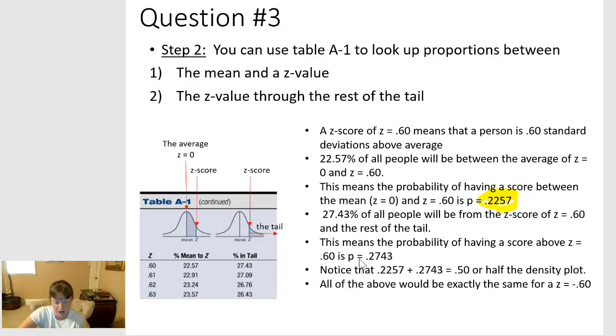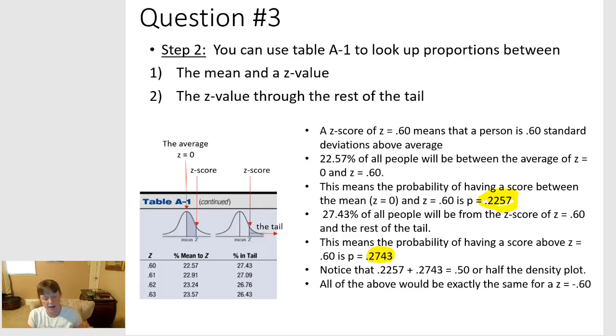Turn that into a proportion, I get 0.2743. So because proportions are probabilities, I can say there's a probability of 0.2743 that someone is going to have a z-score above 0.6.